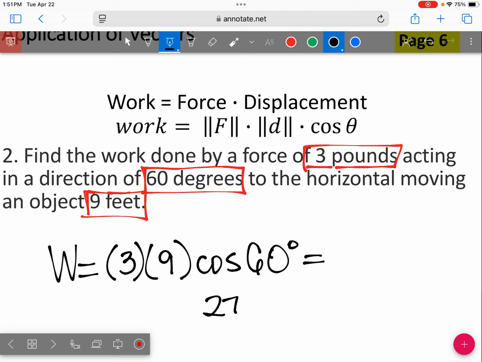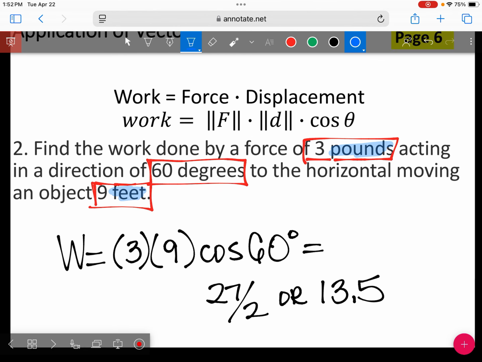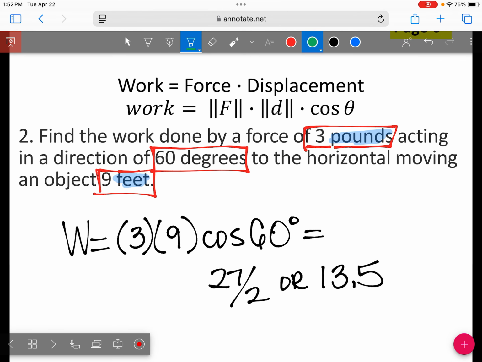So some calculators may write it as a fraction, or you can write that as a decimal. And the unit of measure would be force units times the distance unit. So for that one, you could say it's pounds times feet. Okay, any questions?